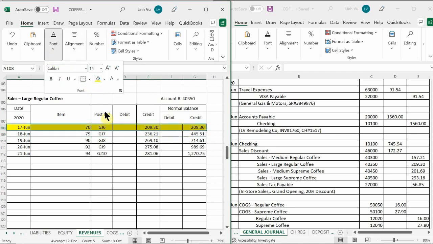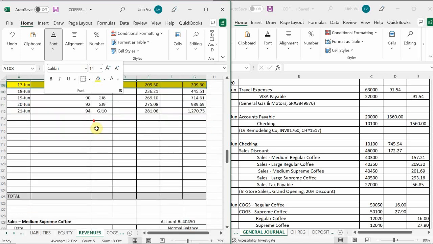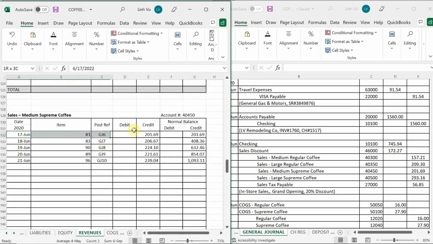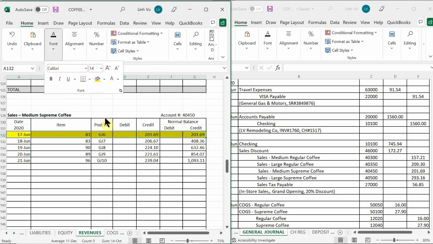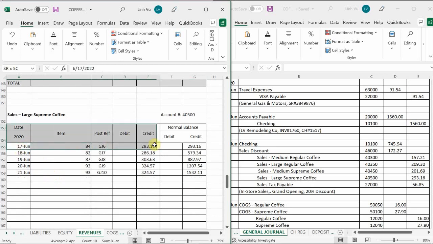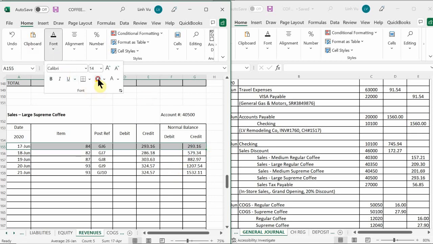Okay. Sales for my Supreme Coffee medium was $201. Here it is, $201. Then my large Supreme Coffee was for $204.93. Here it is.